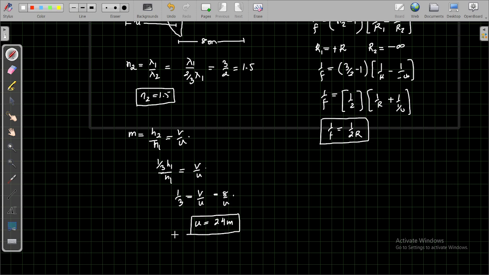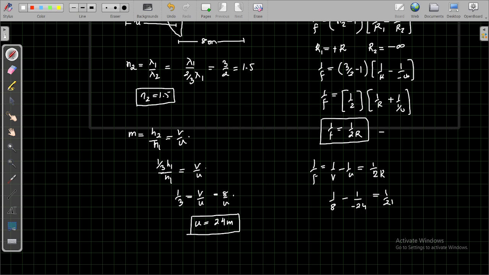So I think this information is sufficient to use in this relation. We can write 1 by f is equal to 1 by v minus 1 by u, which is equal to 1 by 2r. So v is going to be 1 by 8, and u, using sign convention, I can write as minus 24.